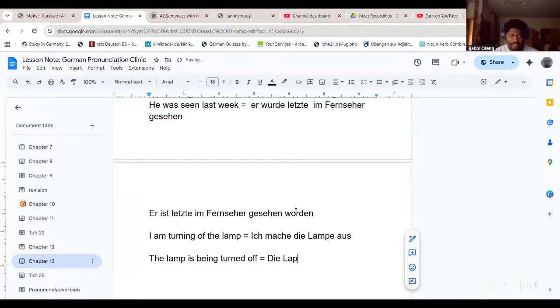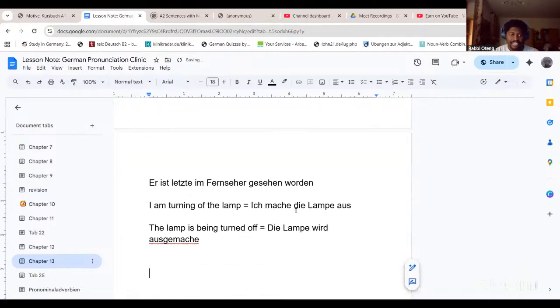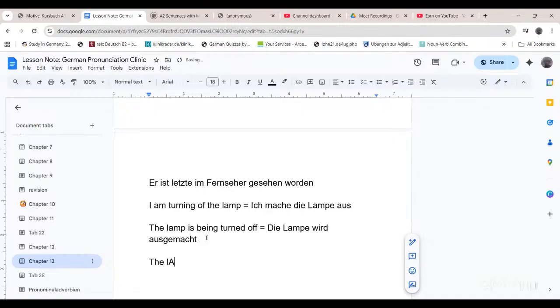"Die Lampe wird ausgemacht." Okay, I want to say the lamp became turned off, or the lamp got turned off. Past tense. "Die Lampe wurde ausgemacht."